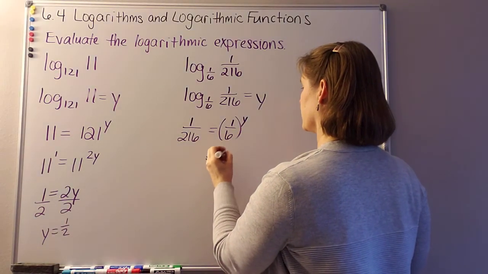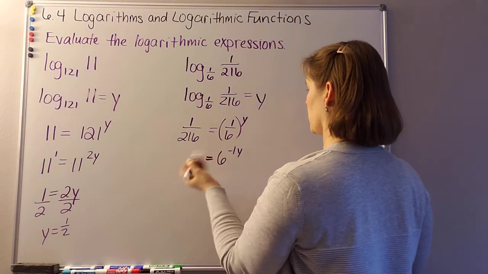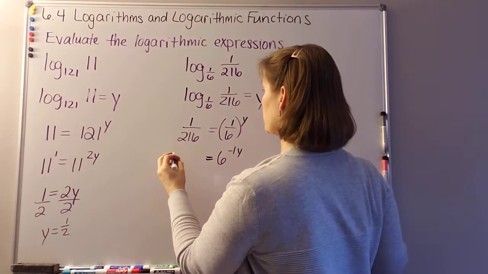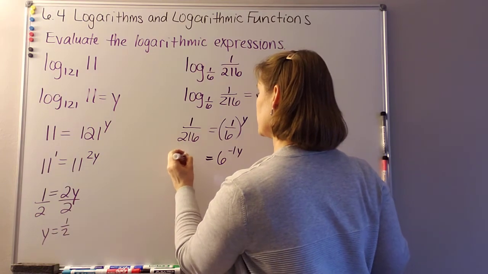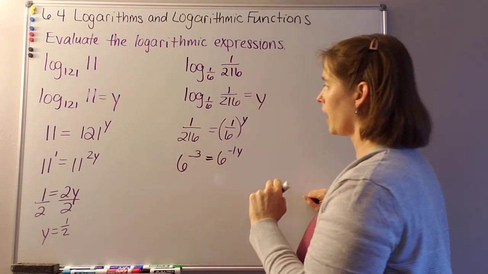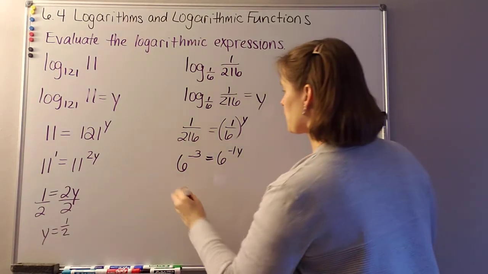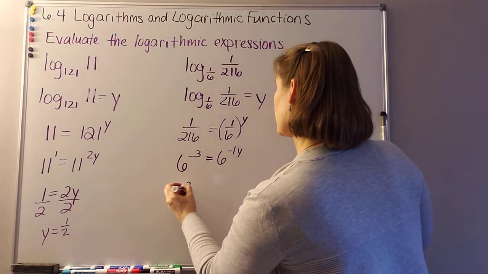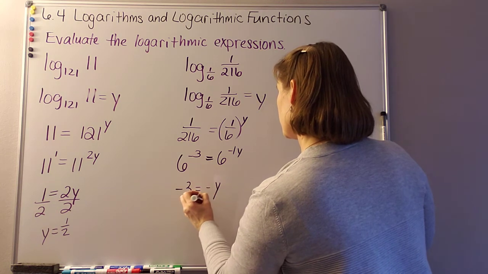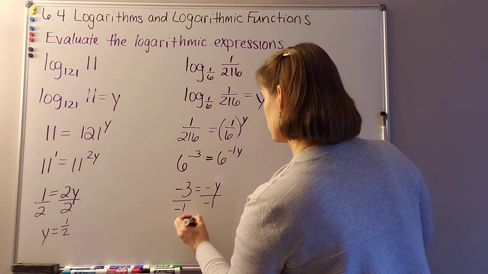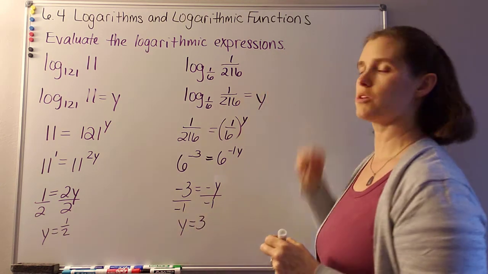That's 6 to the -1 times y. 216 is 6 to the 3rd, but it's a fraction, so it's 6 to the -3rd. I think you see where I'm going with this, especially after I accidentally had the answer written up there. So matching bases, -3 equals -y. Divide both sides by -1. y equals 3. Good, match what I originally wrote up there.